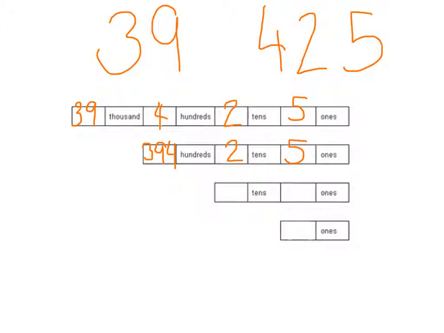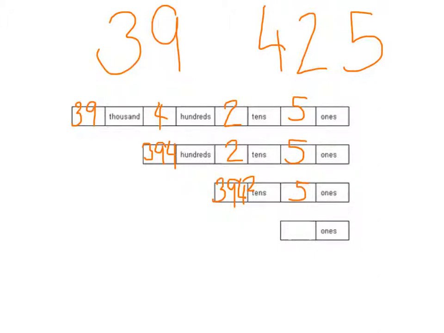We're putting it into tens. How many tens would I need to make up 39,420? I would need 3,942 tens blocks and 5 ones to represent that same number.